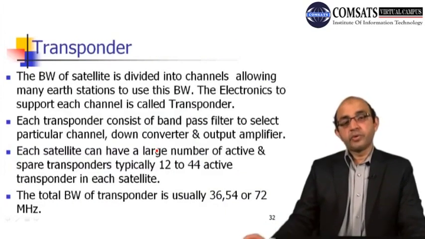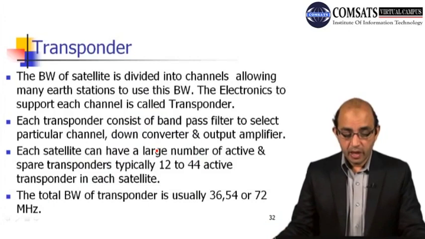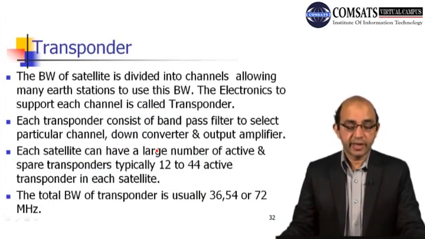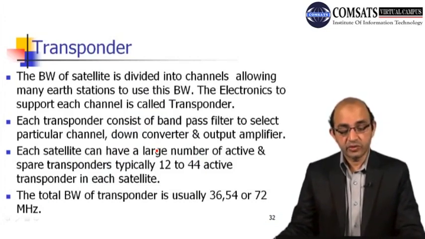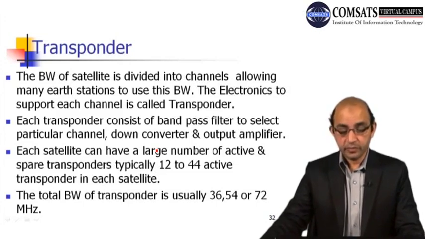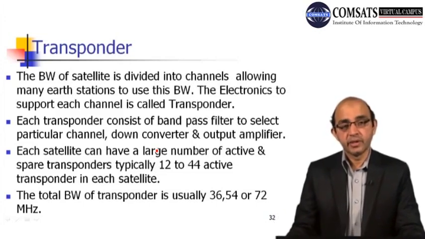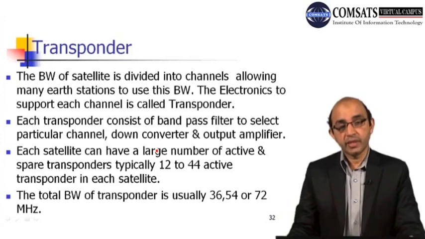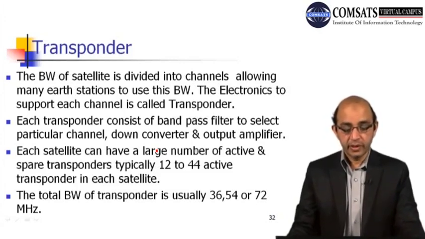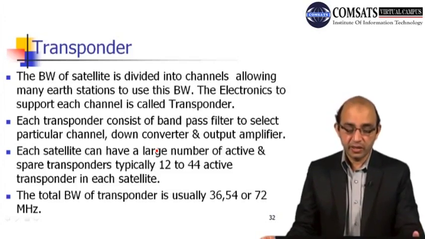Okay. So this is an important component or element of the satellite. The bandwidth of the satellite is divided into channels, allowing many stations to use this bandwidth. The electronics that has to support each channel is called the transponder. Now we are talking about the circuitry of the transponder. We have a band pass filter to select a particular channel.